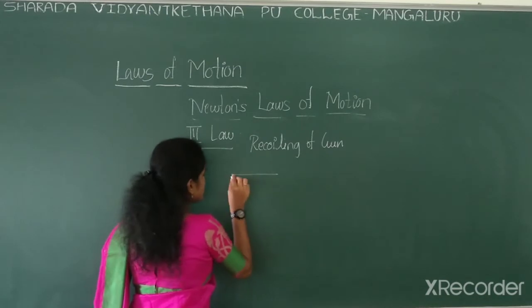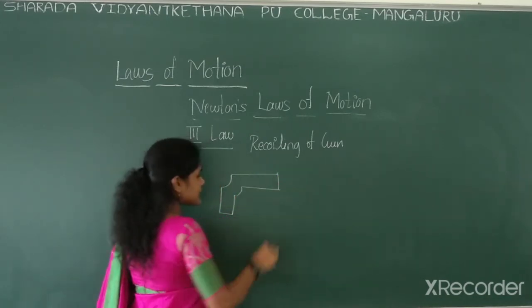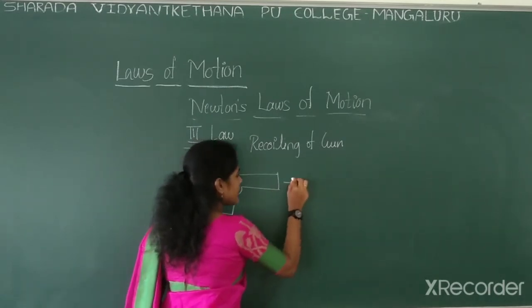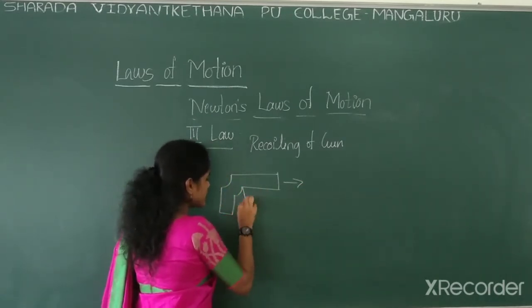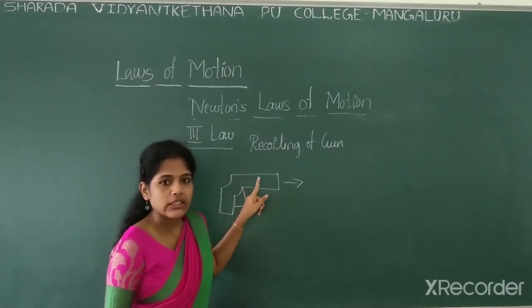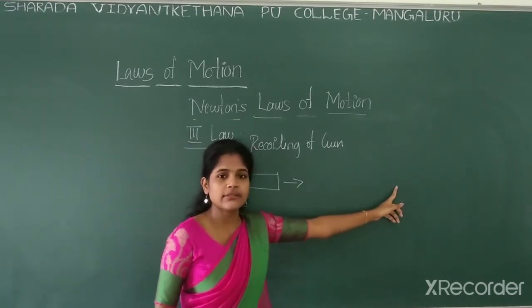So if we consider this as a gun, when we press this, the gun applies some force on the bullet, so that the bullet takes its forward direction.